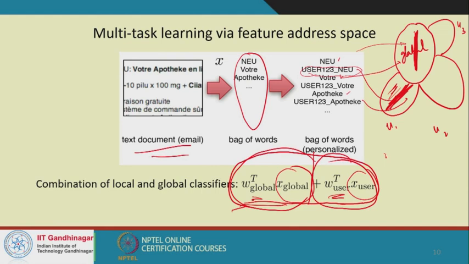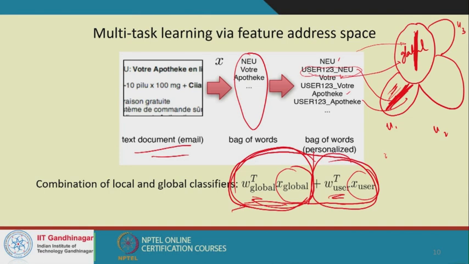But for this user we still have the global component, because that is trained by everybody's feedback. That's a reasonably good classifier. It's not very tailored to that user's needs, but it's fairly good. So if I start off this new user with this global classifier, she has a reasonably good experience.